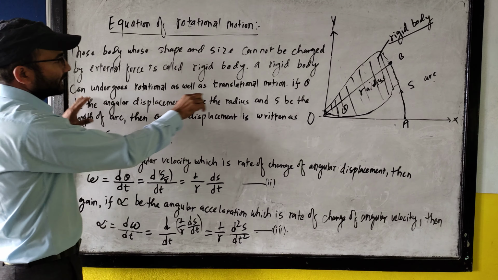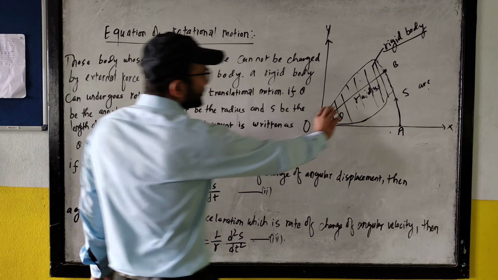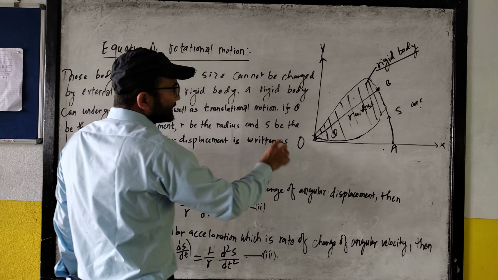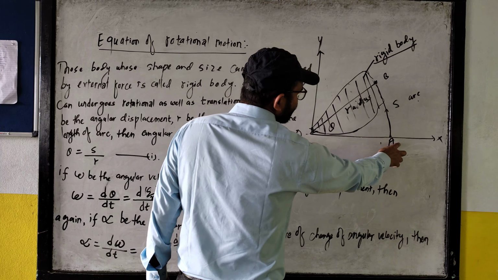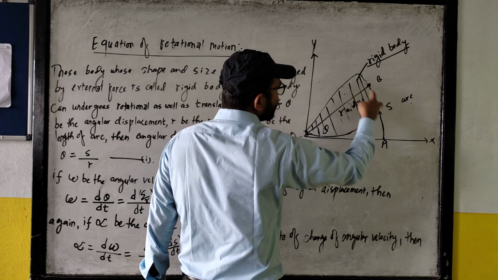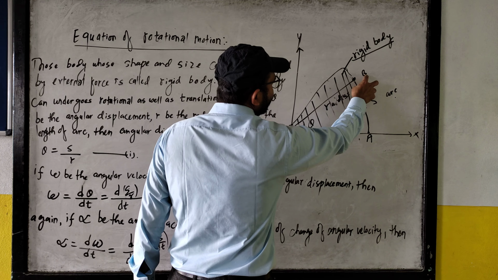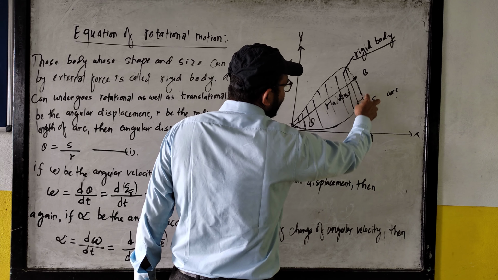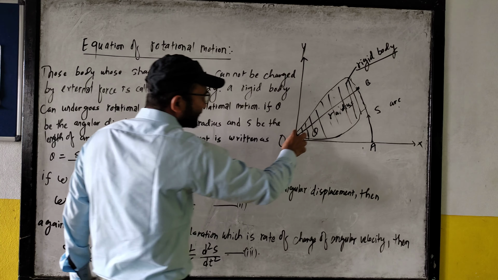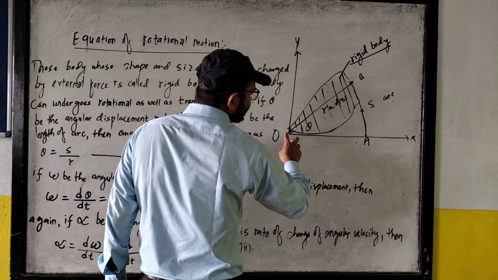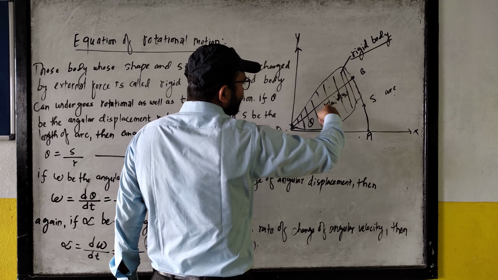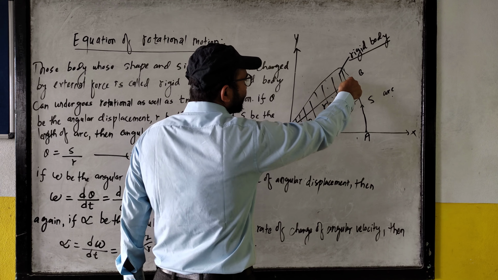You can see here, suppose this rigid body is at point A at time t equal to 0. After some time, when it is in rotation, it reaches B, covering the arc S. S is an arc and it has a radius R from the center, about which we are revolving, rotating that object.